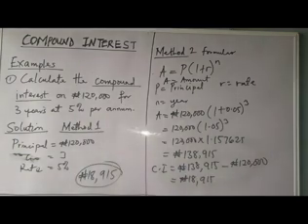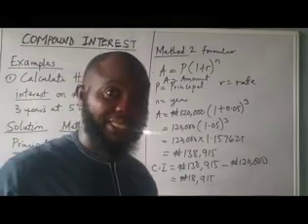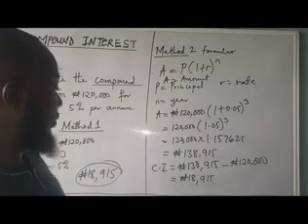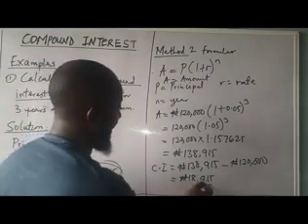So those are the two methods. When you are writing an exam, make sure you use the method that you understand best. So is that clear? That is how to calculate compound interest.